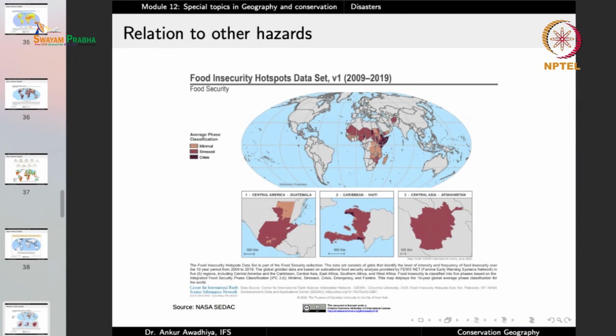Now, these hazards also become important because they are related to other factors which increase the vulnerability. For example, if you look at things like food insecurity, large portions of Africa and Asia have a threat of food insecurity.